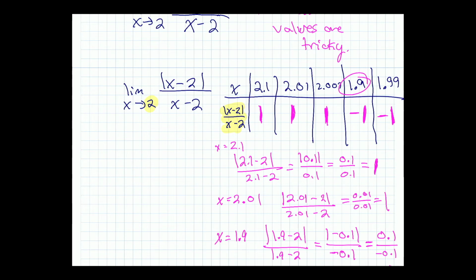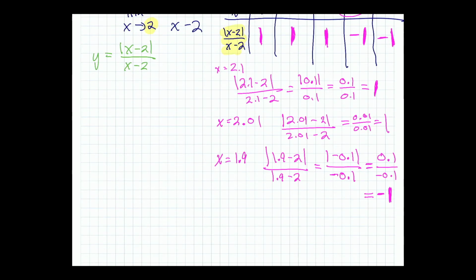So what happened here is this. If you look at a graph of this function, y equals the absolute value of x minus 2 over x minus 2, you get something like this. So you have a set of axes. You've got x equals 2 somewhere. So let's just say 1, 2. There's 2.